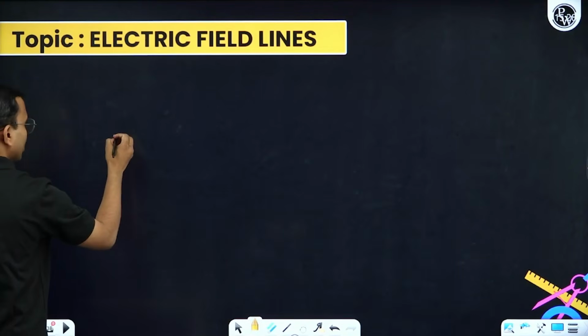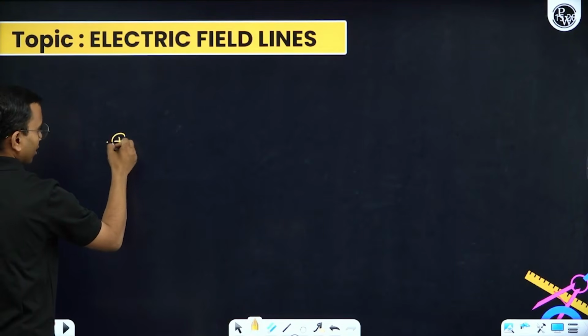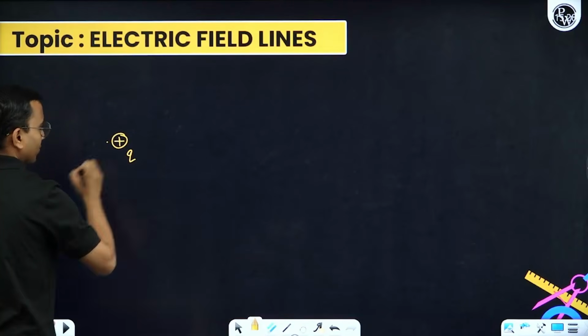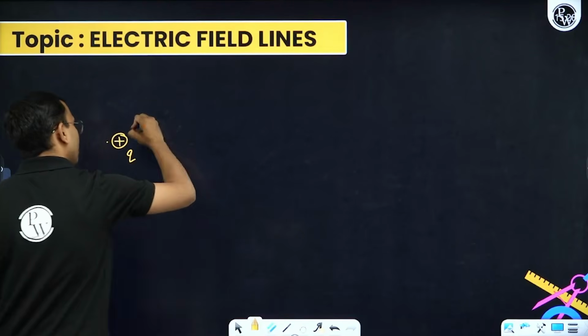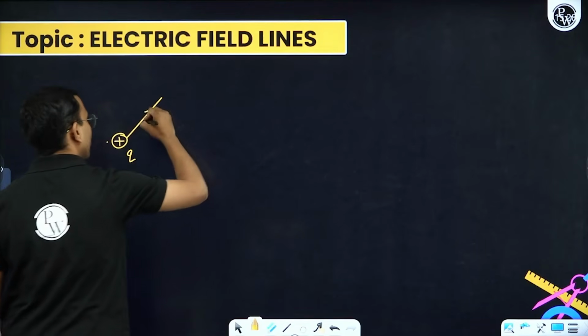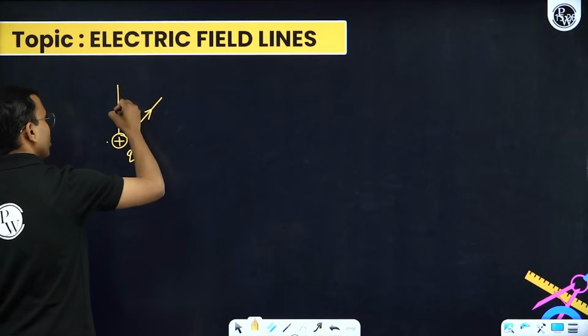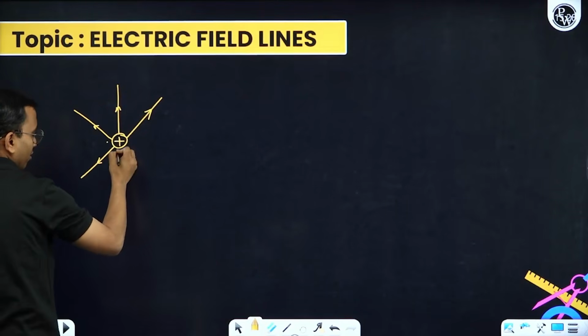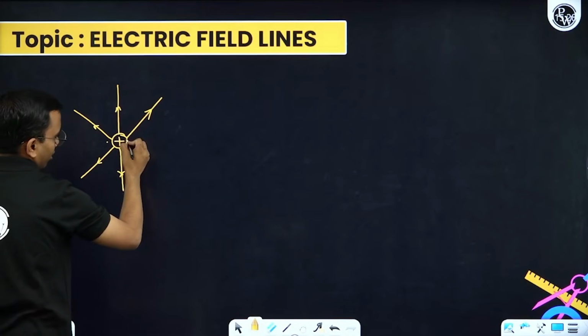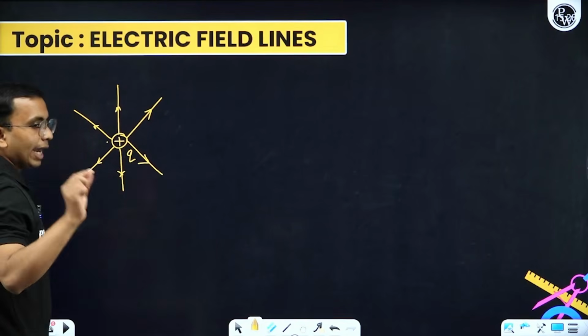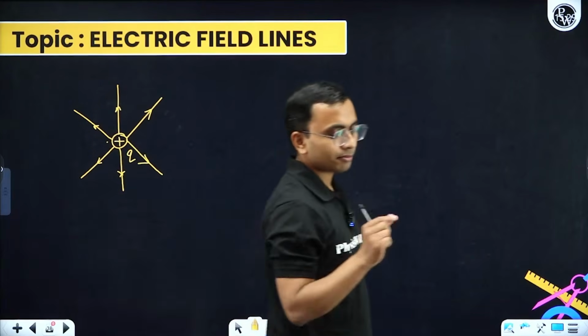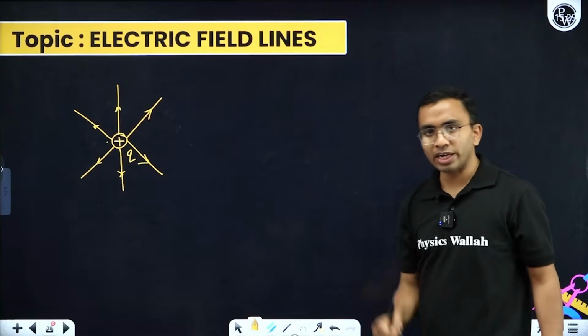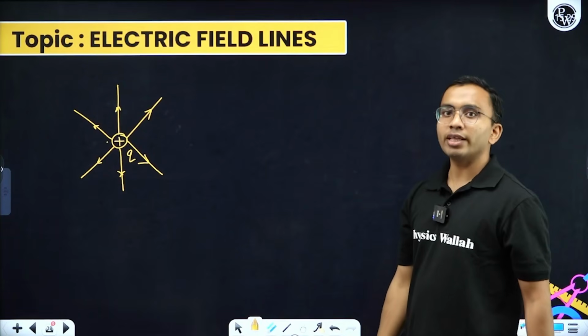So if a positive charge is there, let us take this is charge plus q, we show the field lines coming out of this. When we show electric field lines, we show them coming out like this. At a particular point, if we have to find the direction of electric field, how to find that?